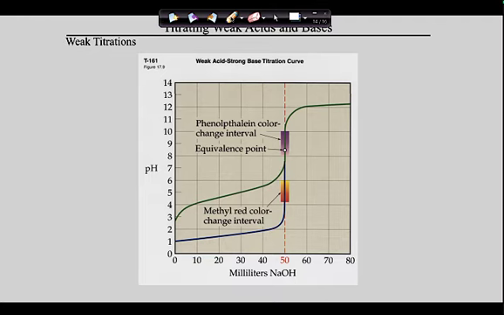We're looking at this green curve. We understand this green curve represents the titration of 0.1 molar acetic acid with 0.1 molar sodium hydroxide. So the question we're asking is, what is that pH right there going to be? The pH when we add 45 milliliters of base to the acid.